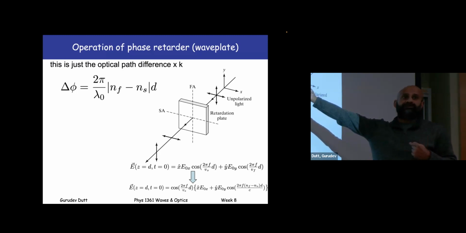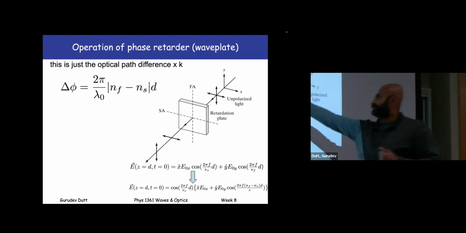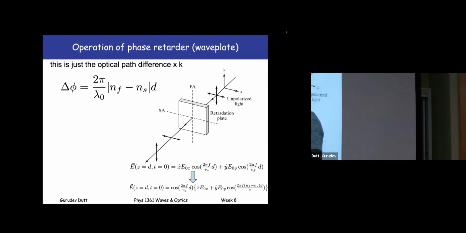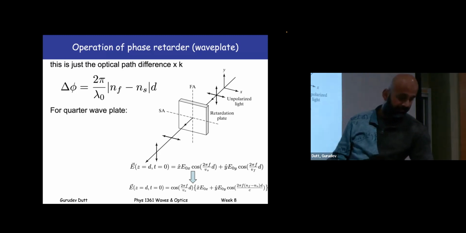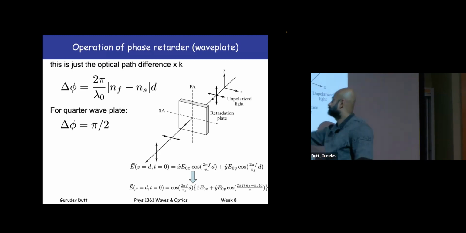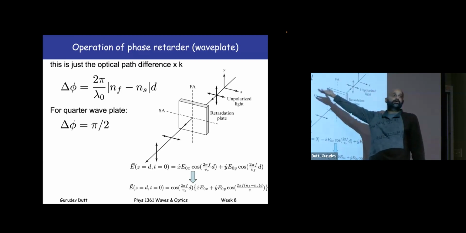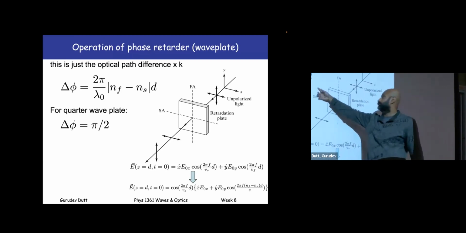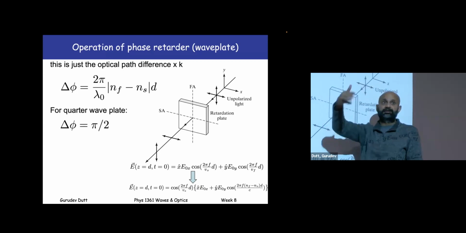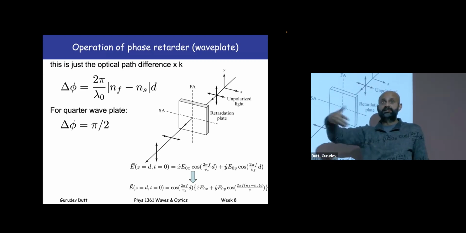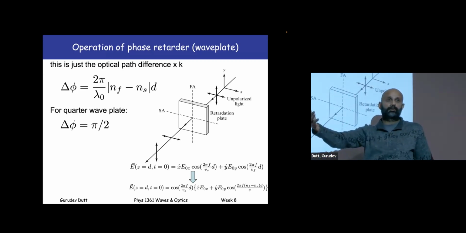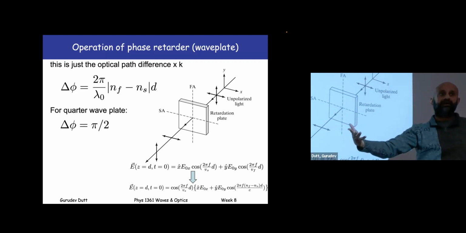We can just find that, by making the thickness of this plate a certain amount, taking the difference between this and multiplying. If I set the optical path difference equal to lambda over 2, I can calculate what thickness I must have, given the fast axis and slow axis refractive indices, which are just properties of whatever material I'm using.